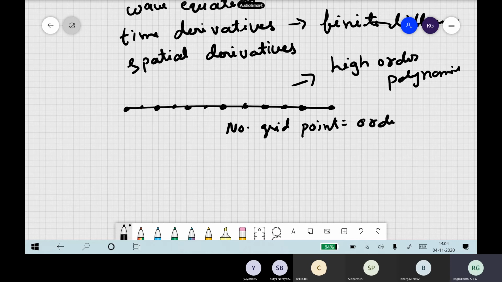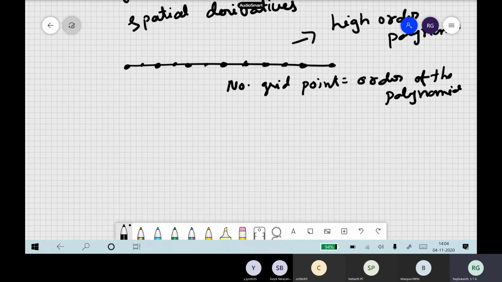This is the most important thing in the pseudo-spectral method. More grid points mean more Fourier coefficients or more orthogonal polynomials coming into the picture. That is why its accuracy is very high when you compare pseudo-spectral methods with other types of methods.